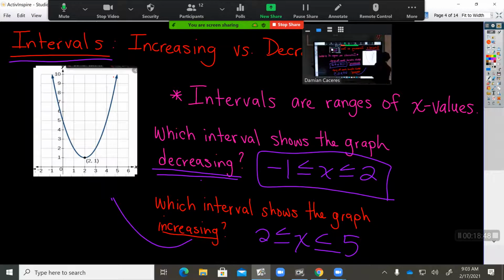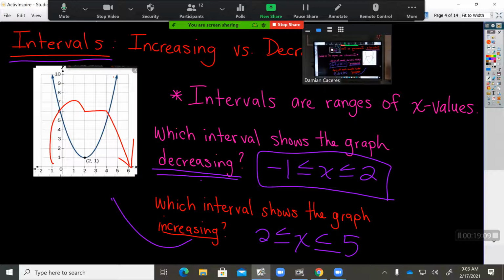All right, don't look at that blue line. Look at this. I just want to make sure you know how to read intervals. I know it's not a you, but I want to make sure you learn how to read intervals, right?